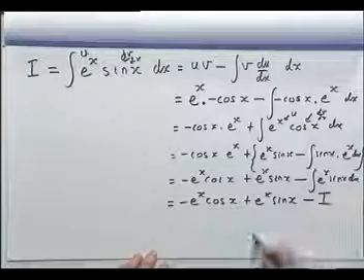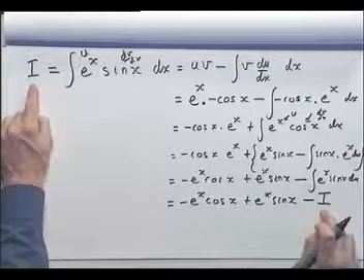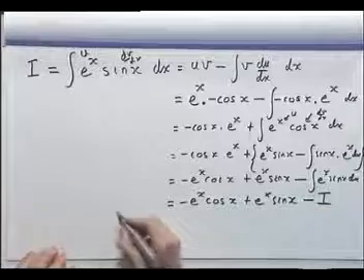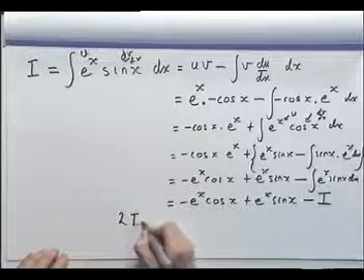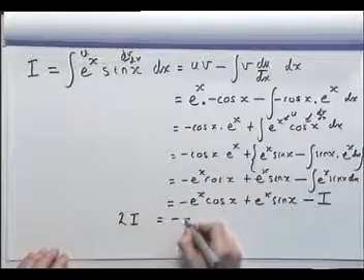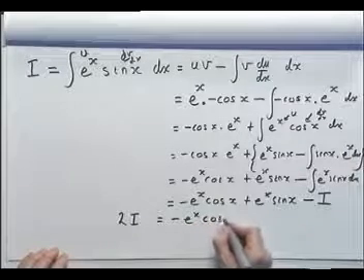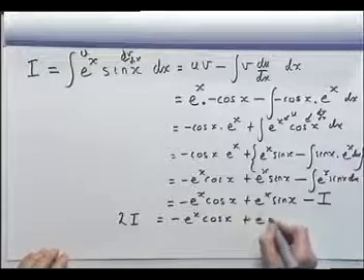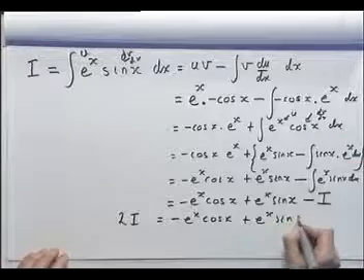Minus I. And if I add I to both sides, I'll end up with 2I equals minus e to the x cos x plus e to the x sine x.